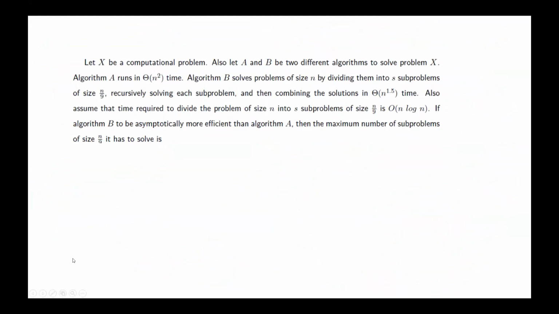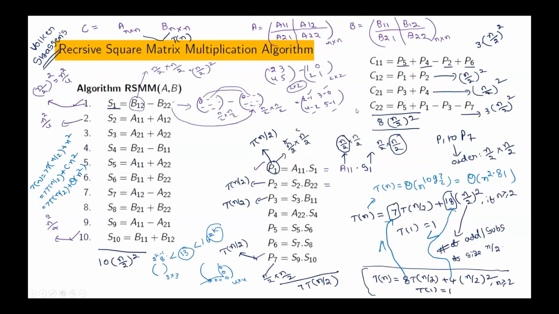Sir, in this example, the number of multiplications we have reduced from 8 to 7. Yes, so we could see it is an improvement in the order of growth. Is there any limitation to go further down? Suppose instead of 7, can we come down to 4 also? That is also possible, but no one has done that.